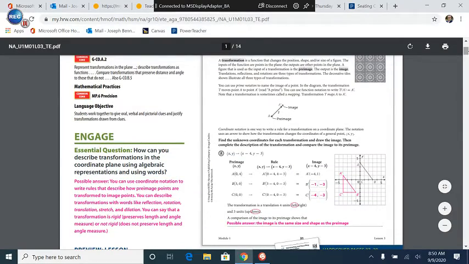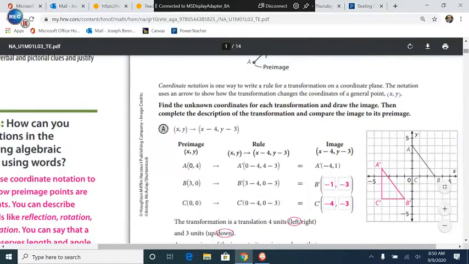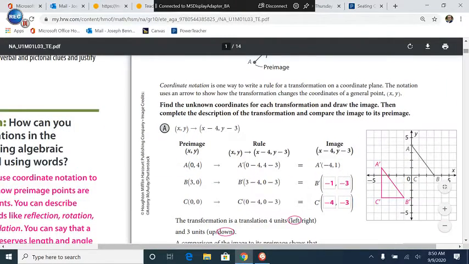Can you guys see that all right? It's not great, I know. But there's a little better. All right, so find the unknown coordinates for each transformation and draw the image. Then complete the description of the transformation and compare the image to the pre-image.